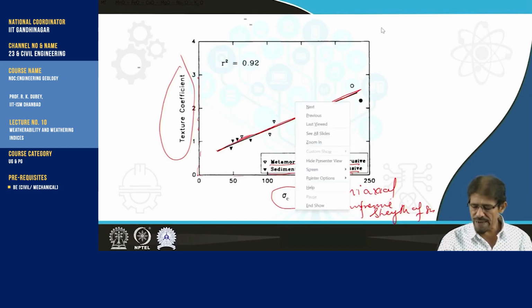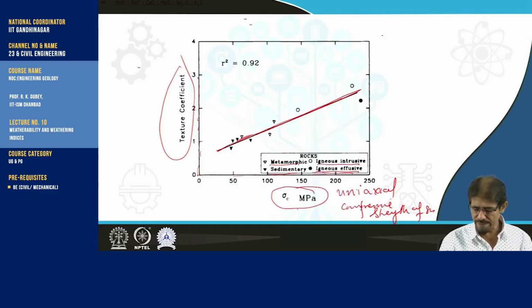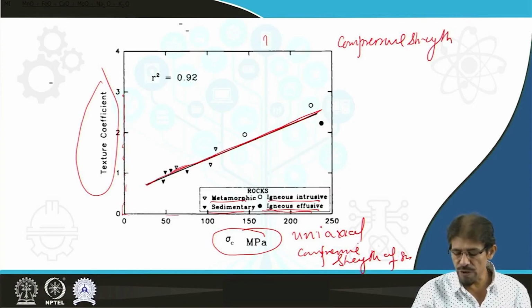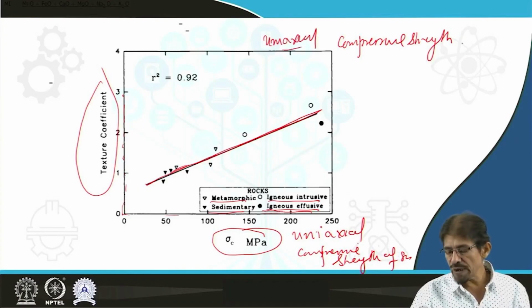So in another way, if we try to summarize, we can say that the compressive strength, particularly when estimated in uniaxial condition, is directly proportional to textural coefficient.